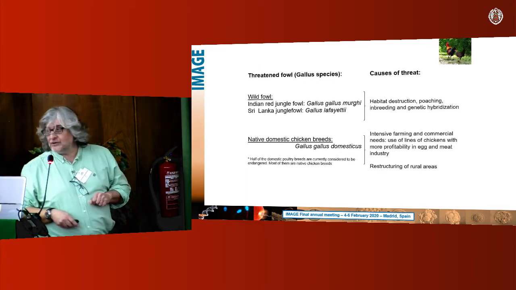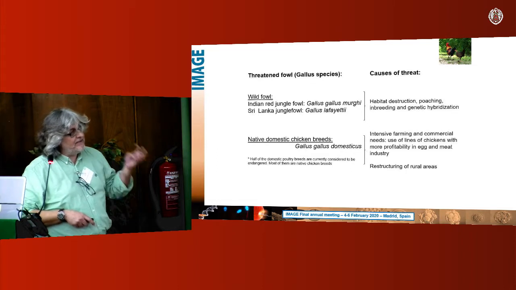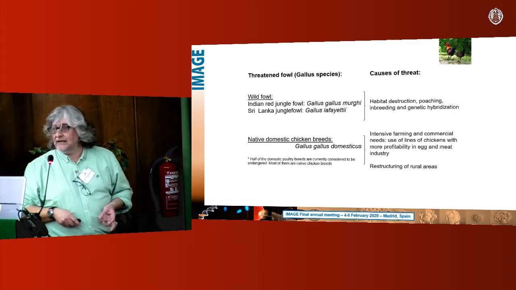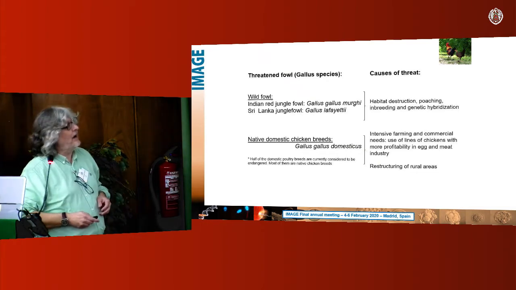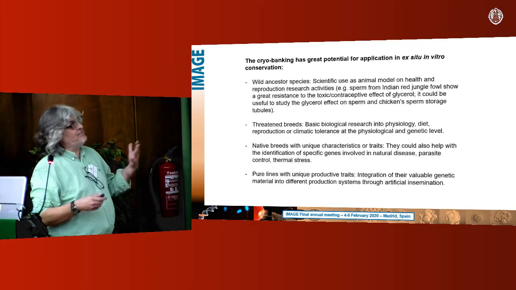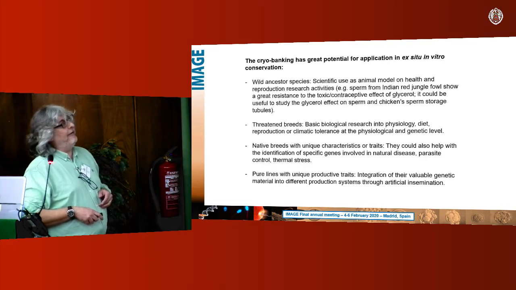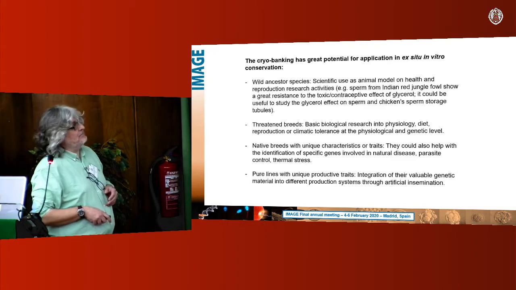The main causes of threat are intensive farming, commercial needs, and the restructuring of rural areas. So in this context, it's very important to establish sperm collection and sperm cryopreservation.